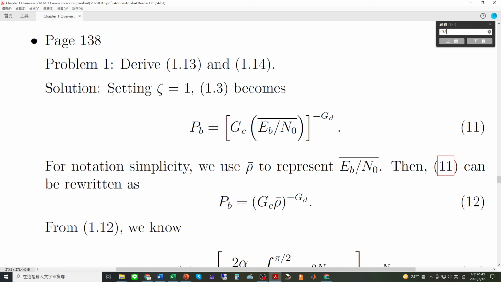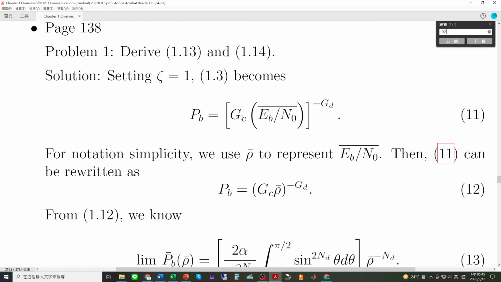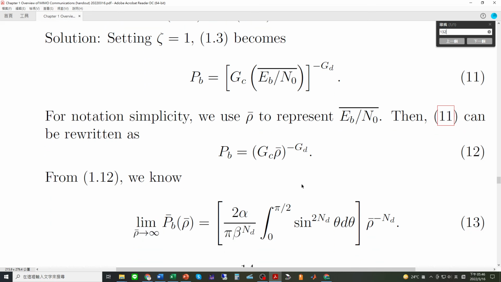The solution is setting zeta equal to 1. Then equation 1.3 becomes PB is equal to GC times EB over N null bar to the power of minus GD. For notation simplicity, we use rho bar to represent EB over N null bar. Then this equation can be rewritten as PB is equal to GC times rho bar to the power of minus GD.